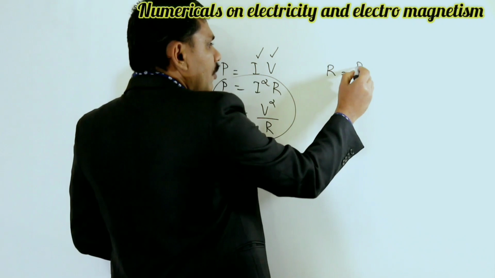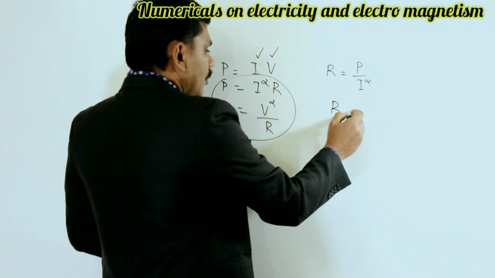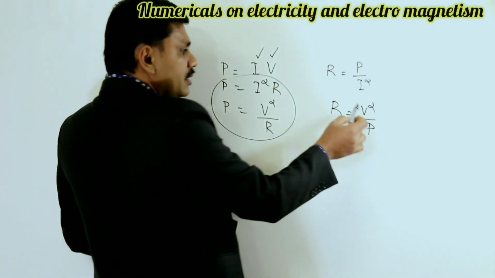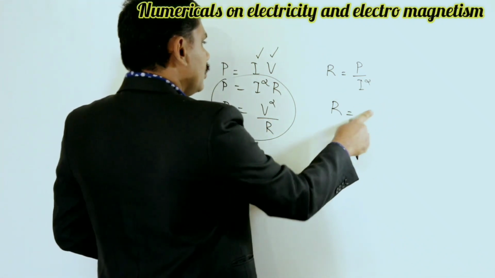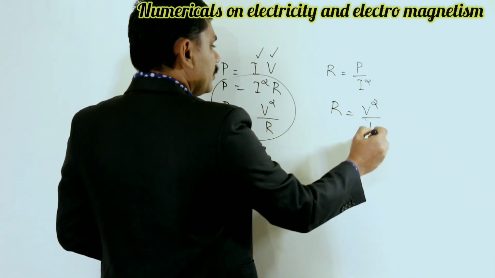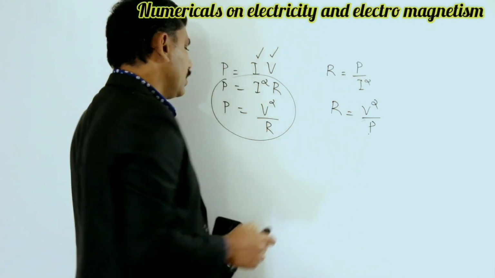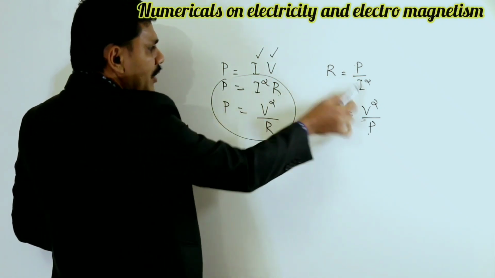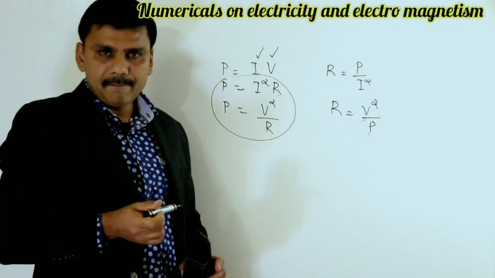That means power divided by I square or V square divided by P. From this equation, resistance equal to P divided by I square. From this equation, resistance equal to V square divided by P.